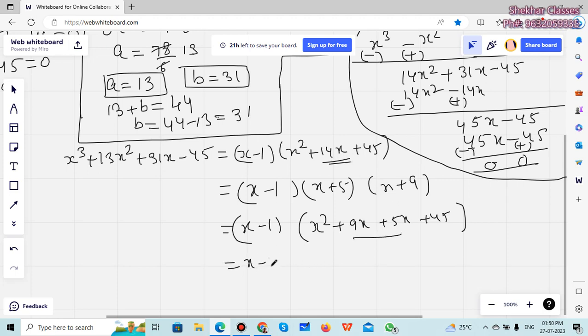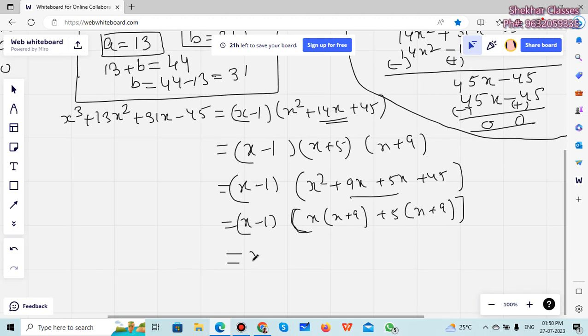So it will be x minus 1, this is already there, and this will give you what? X common, and x plus 9, and here 5 common, x plus 9. So what do we get?